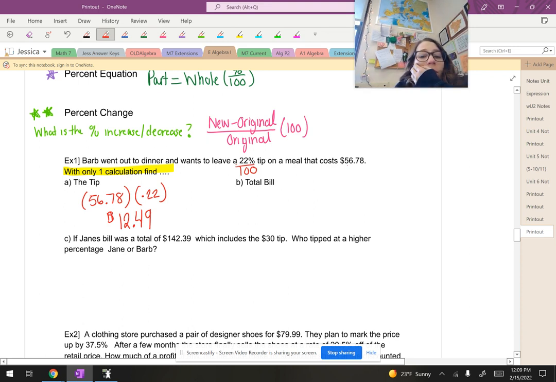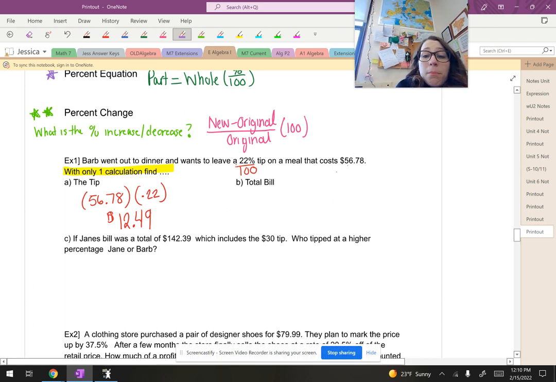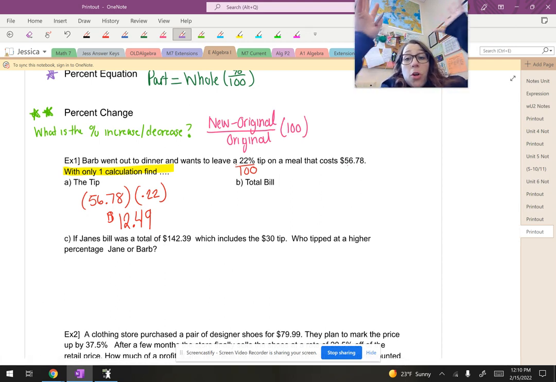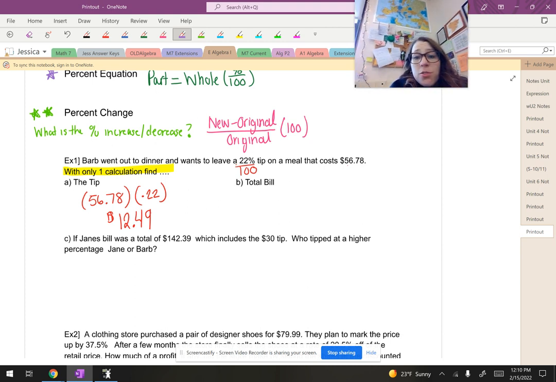Okay. Now, again, with only one calculation, find the total bill. Can I take my $12.49 and add it back on? Yes, I can. But if we didn't know what the tip was to start with, this is how we could do that. What percent of the meal is the cost of the meal? The meal cost is 100% of the meal cost.